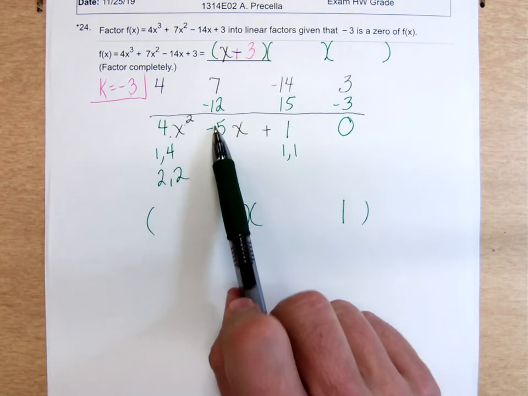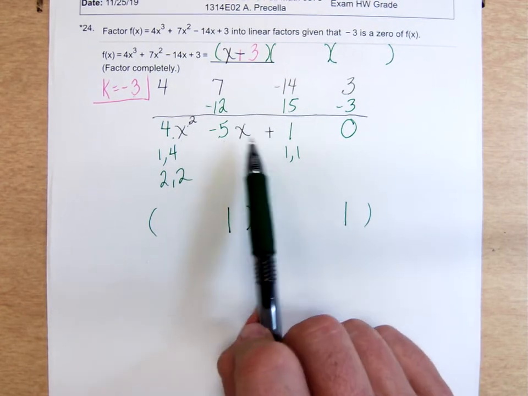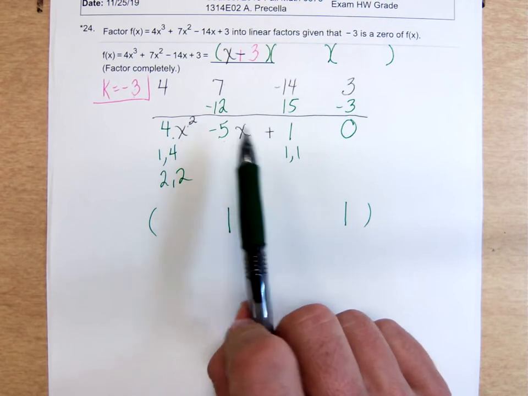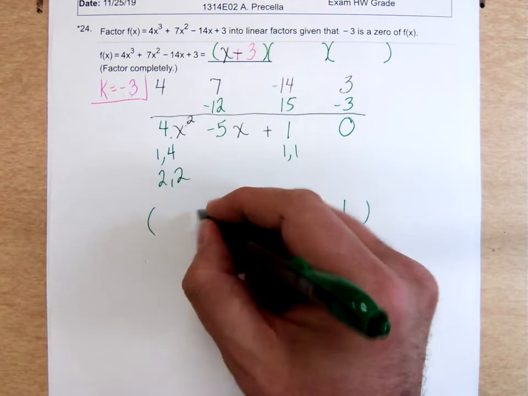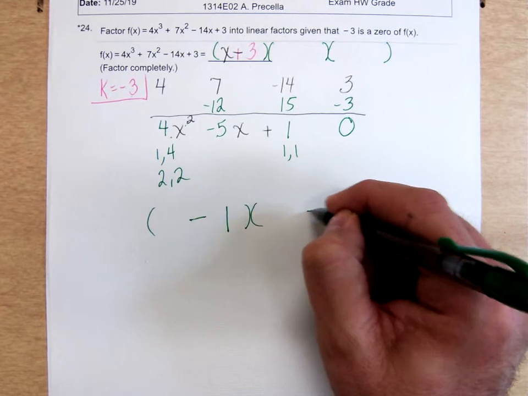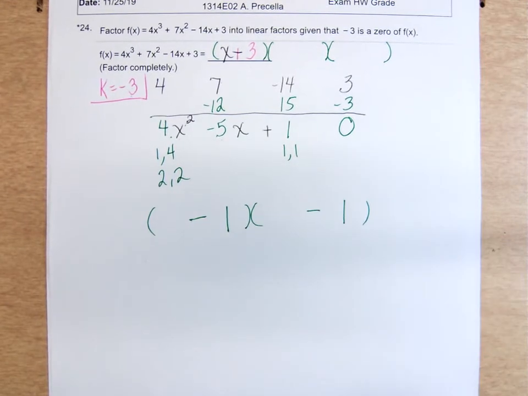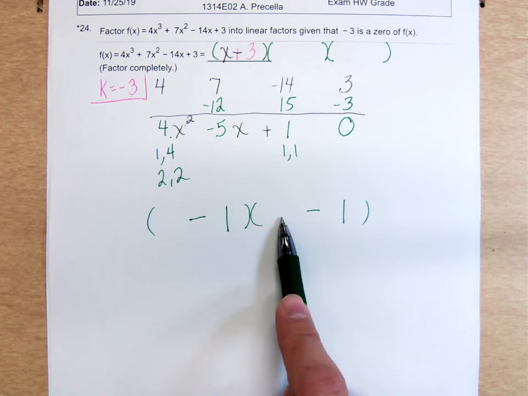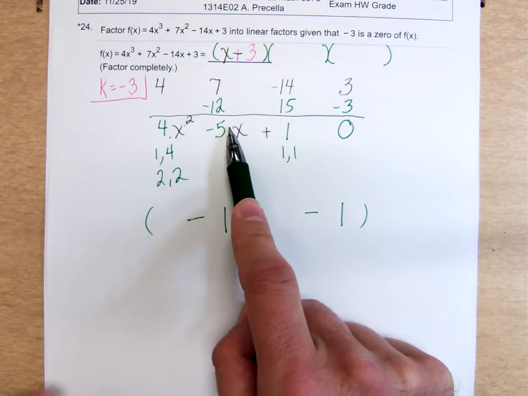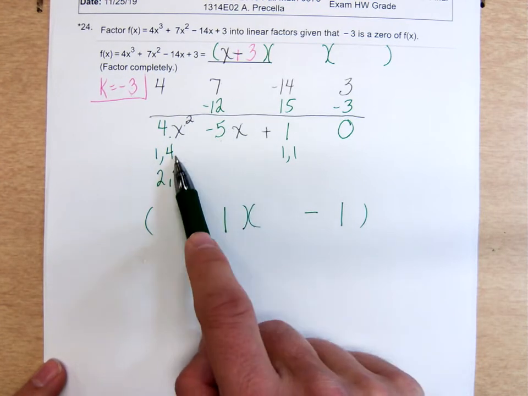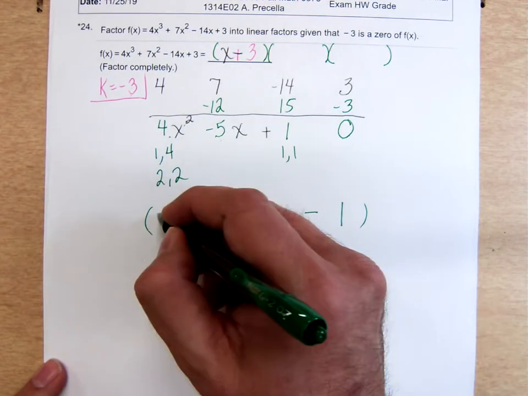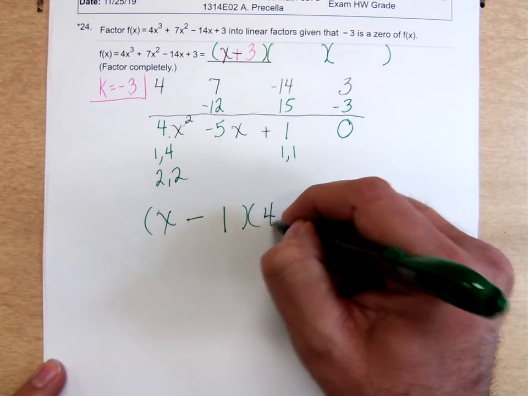Since the first sign is negative, both will be minus and minus. Usually I'd be tempted to try the 2x and 2x first, but I don't think that's going to do it. What are y'all thinking? If I put 2x and 2x, I'm not going to get a 5x there. What I'm thinking is 4 plus 1 would give me a 5. What if I try 1x times 4x?